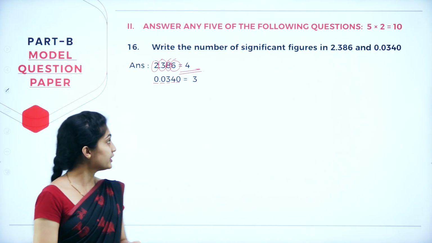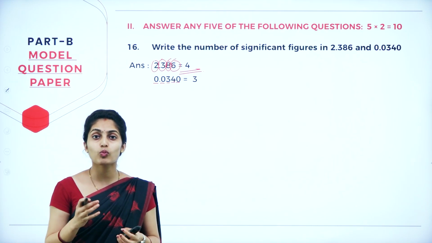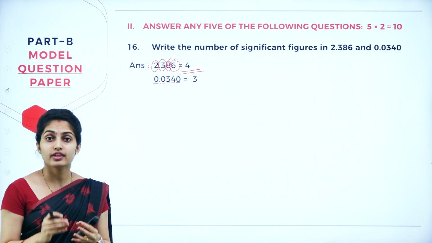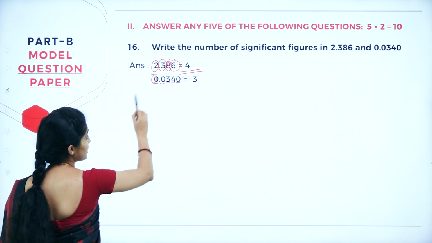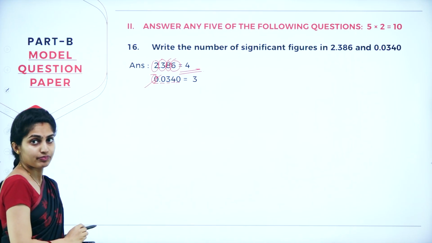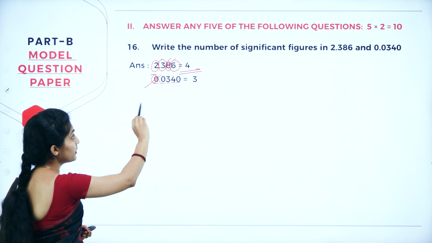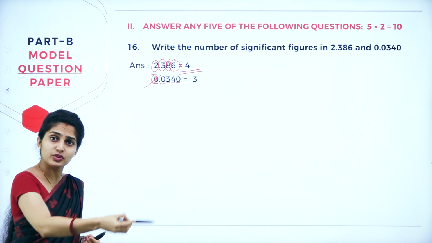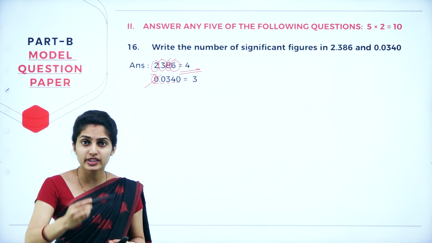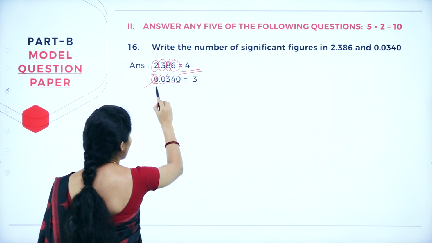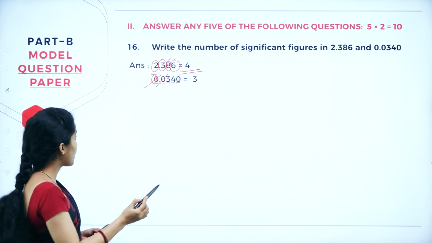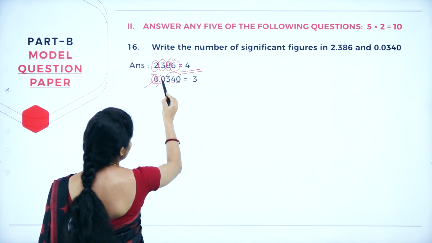But we have written 3 significant figures. Why is that? Okay, the number which is before the decimal is not significant. And the number very next to the decimal point, if you have 0, that also is not considered significant. So now we are left with 3 digits.